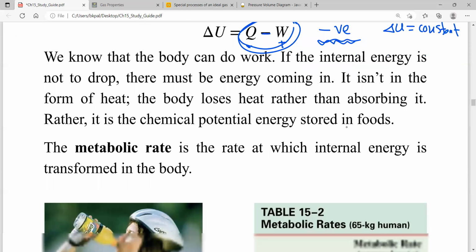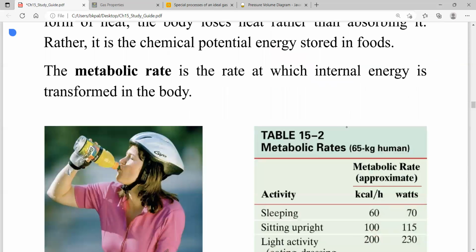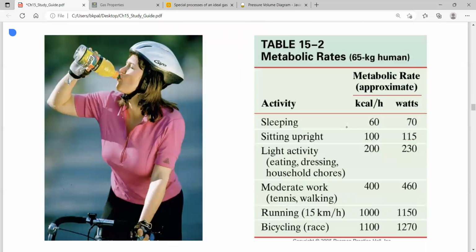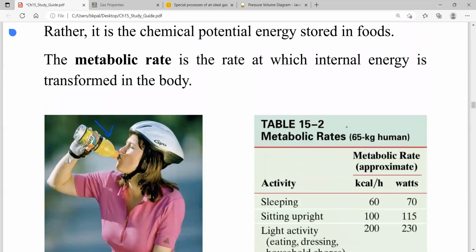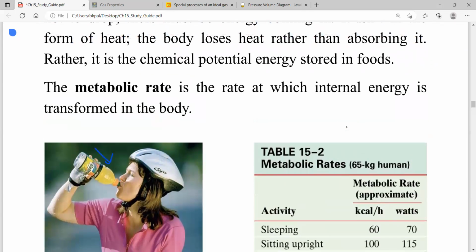Here you see that this lady is biking, and in order to keep delta U constant, she is having some drink.